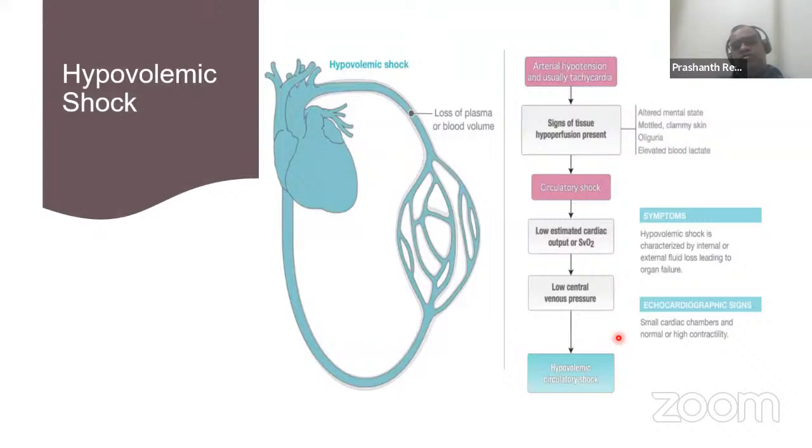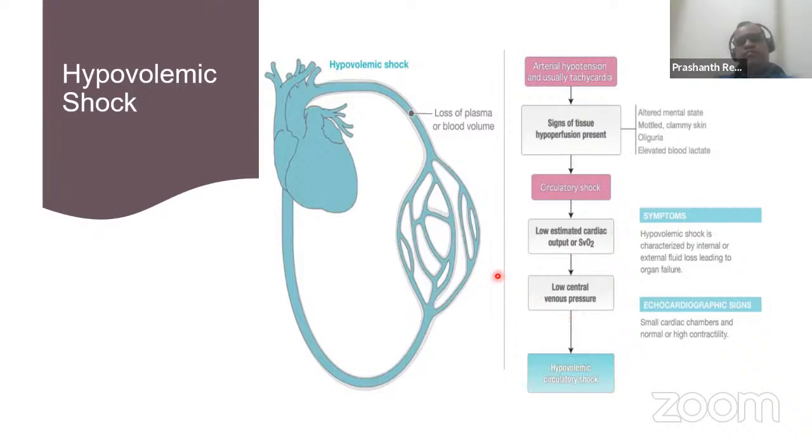Hypovolemic shock occurs when the cardiac output is low, SvO2 is low, and the central venous pressure, CVP, is low. On echocardiography, you find small chambers with normal function. It is usually due to hemorrhage or fluid loss.